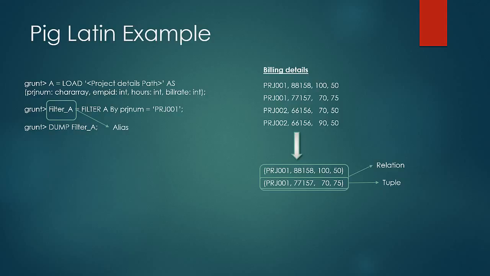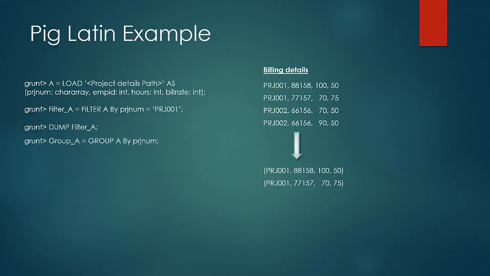The dump command is used to display the dataset on the screen. So dump filter A would produce the shown relation. Then another operation that can be done on a dataset is the group operation. For example, group A equals group A by prj_num. This means that we would group the relation in the specified alias by the prj_num field.